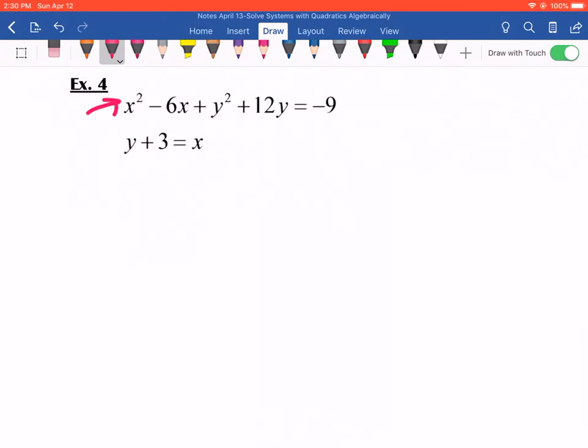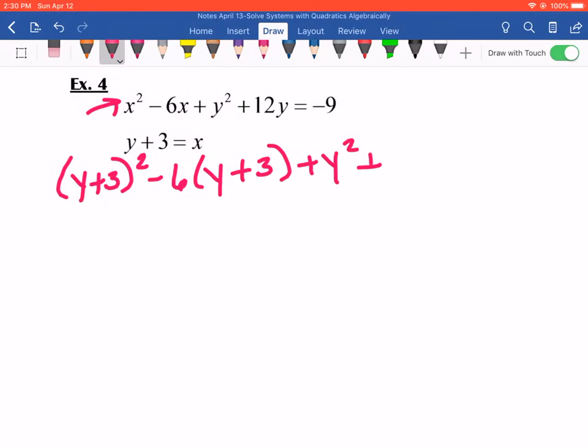In for x, I'm going to plug in y plus 3. I'm going to square it, minus 6 times y plus 3, plus y squared, plus 12y equals negative 9.